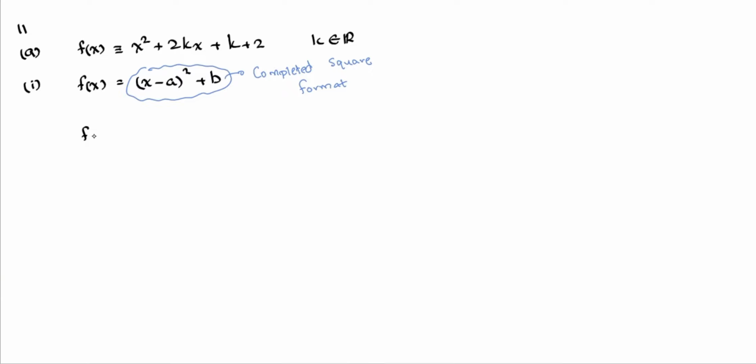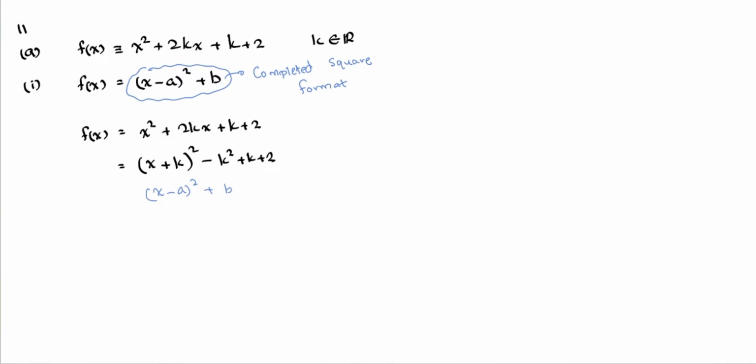What is f(x)? f(x) is x squared plus 2kx plus k plus 2, and complete the square here. So if you complete the square, you get (x plus k), x plus half of this k, whole thing squared minus k squared plus k plus 2.